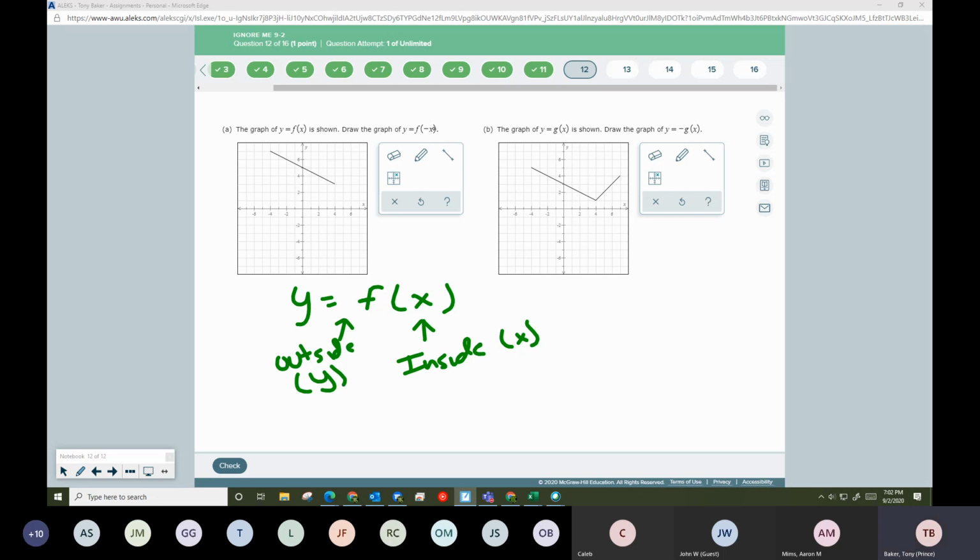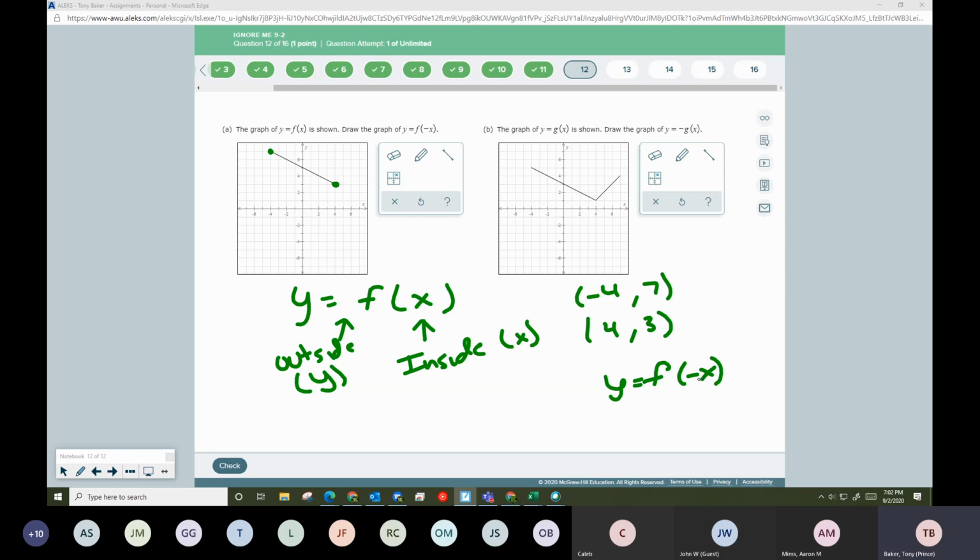So in this case, I have negative x. So I'm going to look at my two endpoints on this graph. So I have my endpoint at -4 and 7, and my endpoint at 4 and 3. The change for this problem is f of negative x.